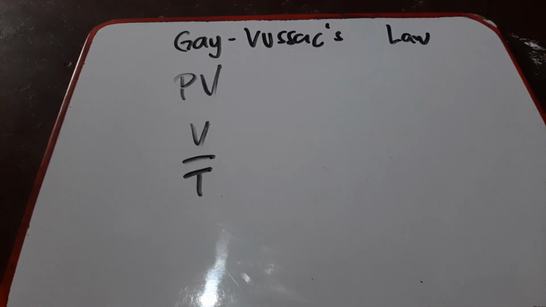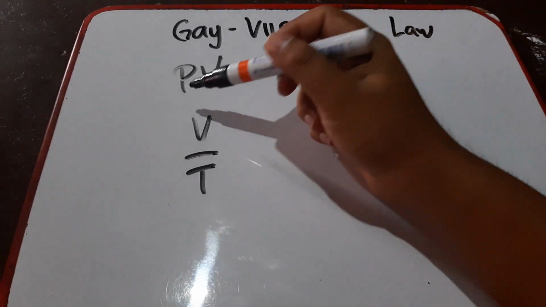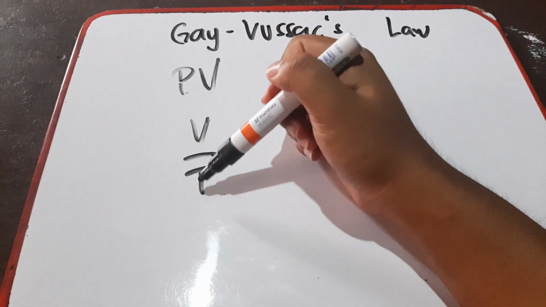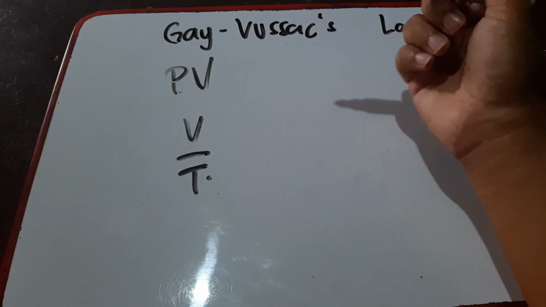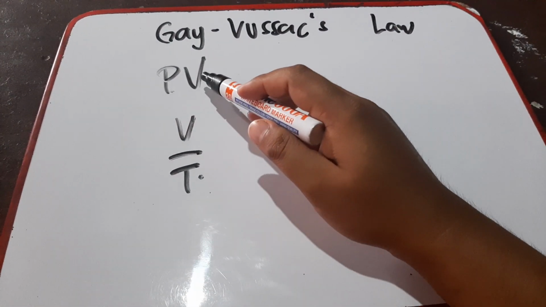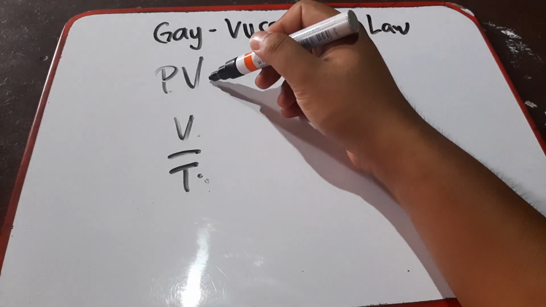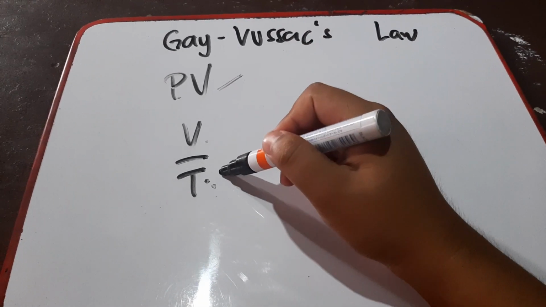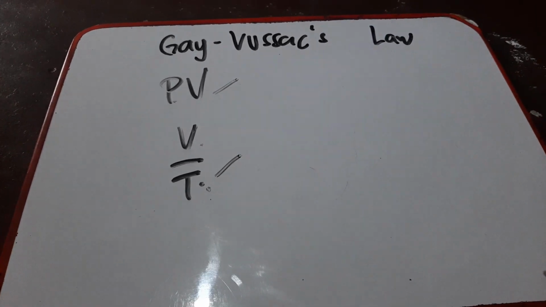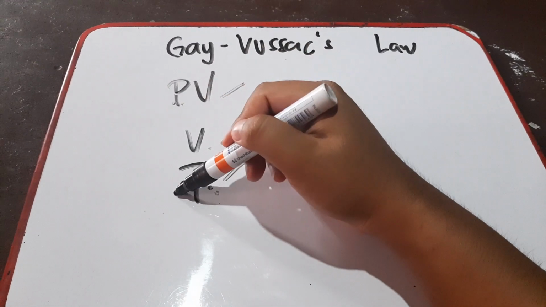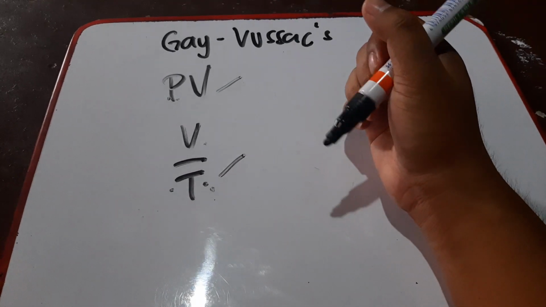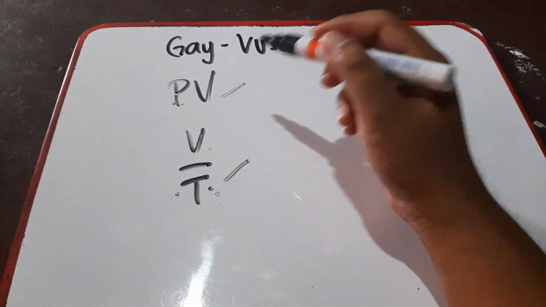So Gay-Lussac realized that maybe there's a relationship between the pressure and the temperature itself. Since pressure is related to volume with an inverse proportionality, and volume is related to temperature with a direct proportionality, he said that pressure and temperature are directly proportional.